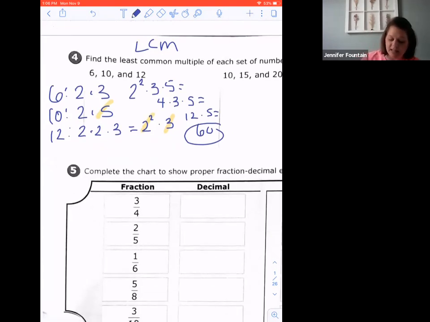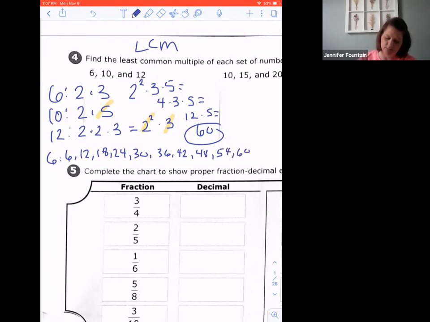Now, another way I could have done that is, like I said, listing multiples. If I had 6, 12, 18, 24, 30, 36, 42, 48, 54, 60.